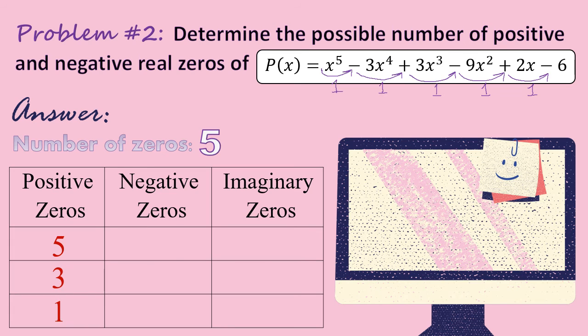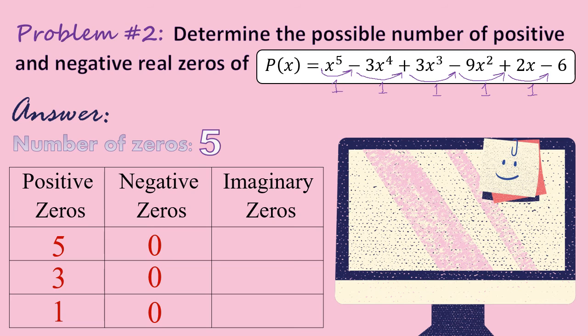So if our maximum number of positive zeros in our first set is 5, and the number of zeros we are expecting is 5, how many negative zeros will we have? So 0, right? Because we do have 5 already for positive. So since 0, the rest of the possibility will be just 0.